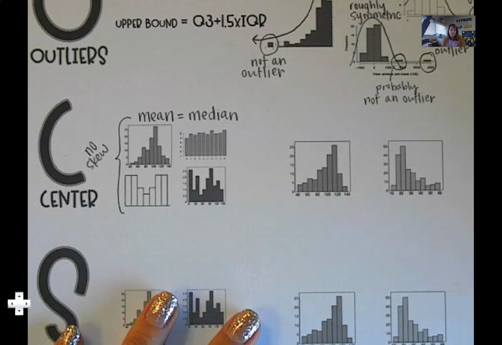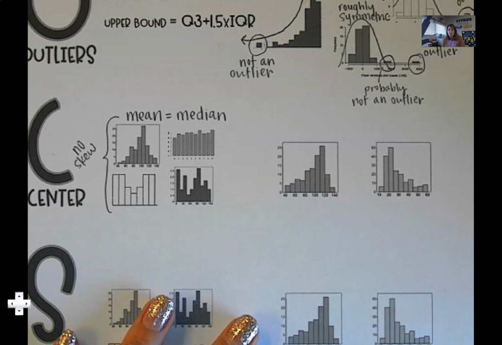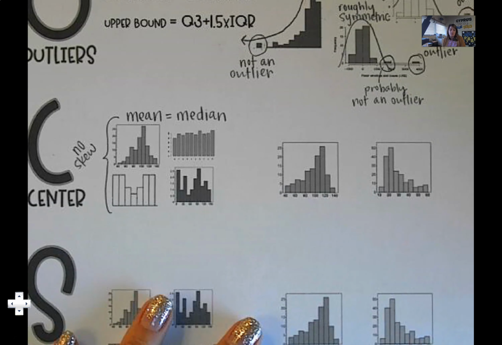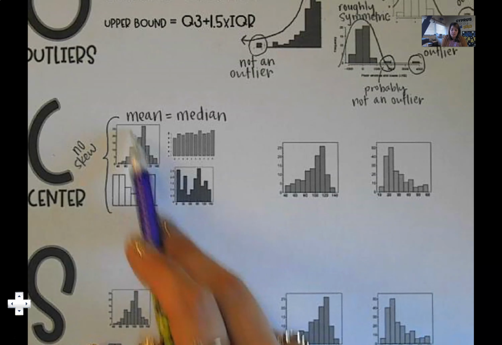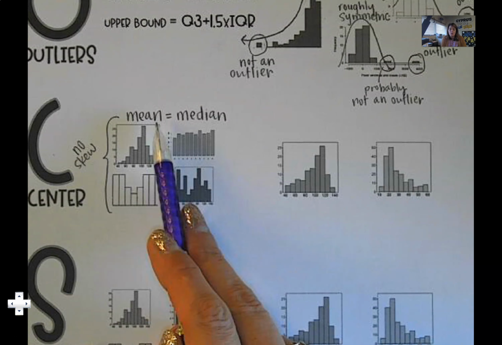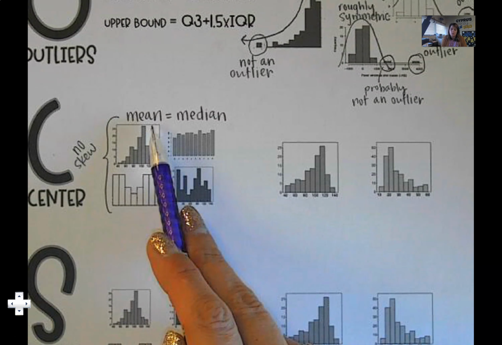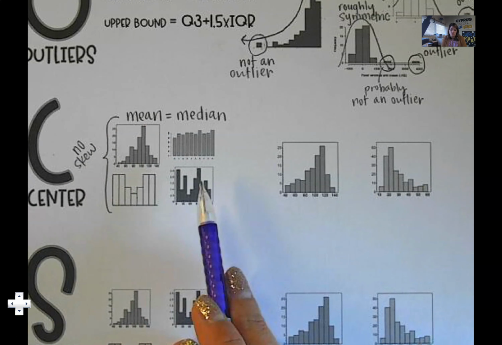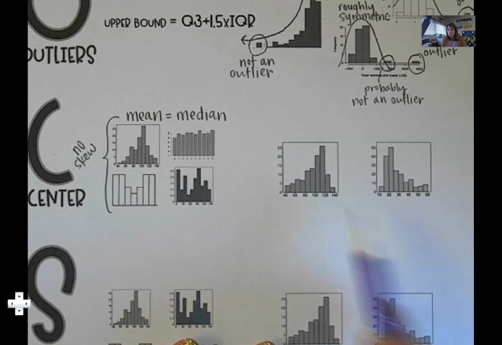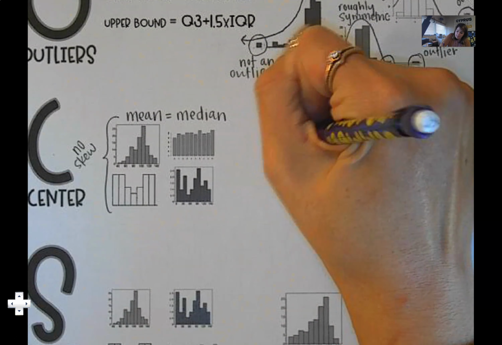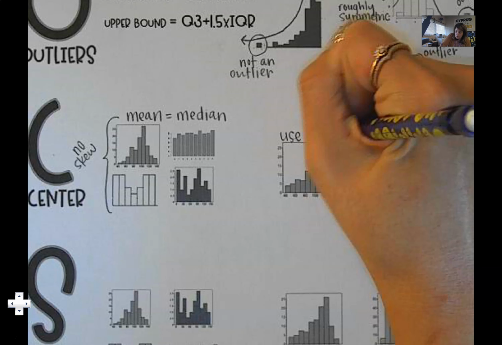However, if the data is skewed, your mean and median will not be equal. So mean, I would say, is the best case scenario, but you can only use it when there's no skew. If there's skew in your data set, you have to use the median for your center.